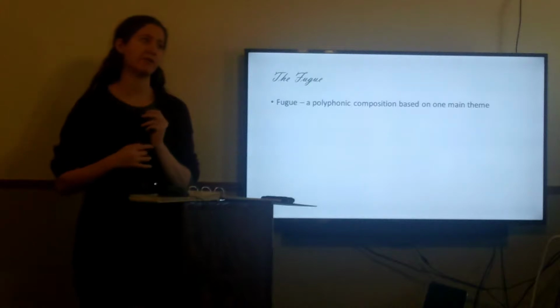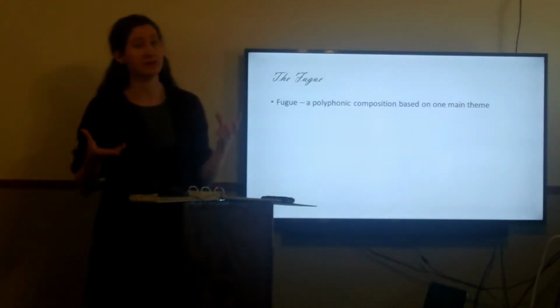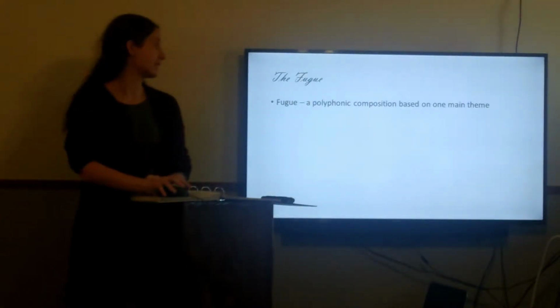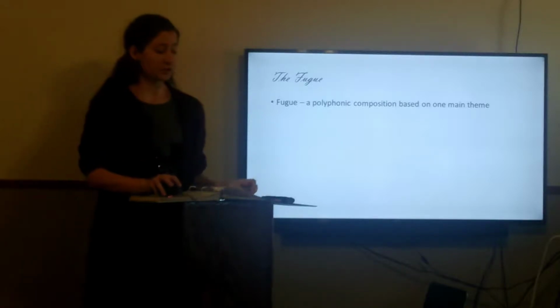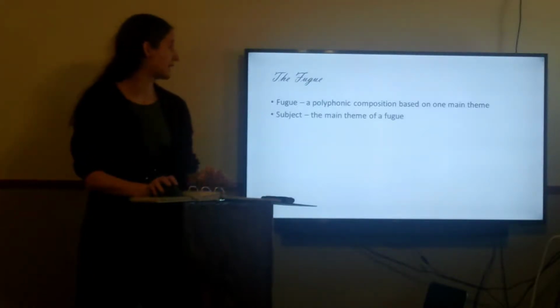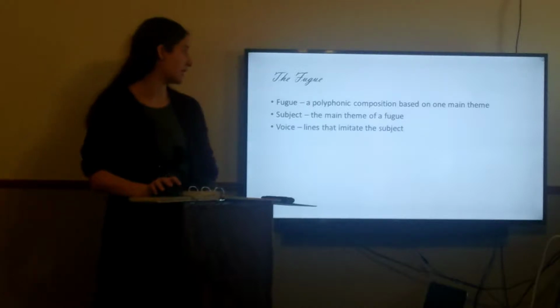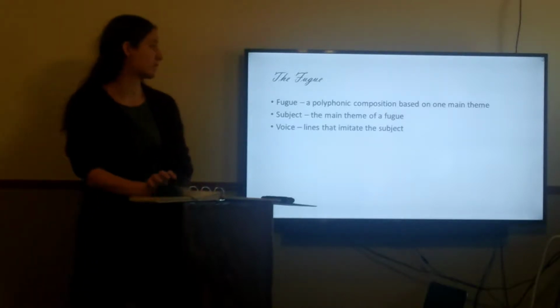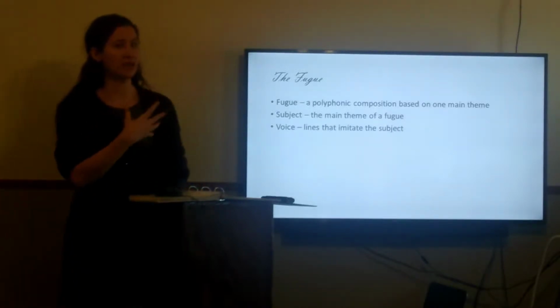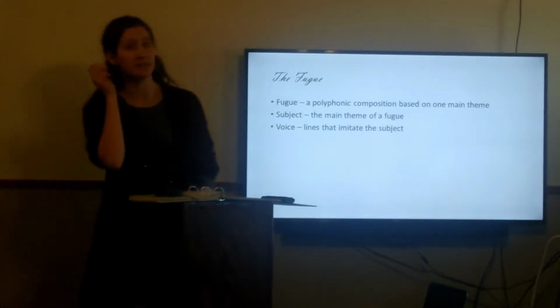The form of a fugue, you can kind of do anything you want with it, but there are some basic rules and some basic things that have to be there. So the first one that we talk about is that we have the subject is the main theme of the fugue, and then the voices are not like voices meaning that you sing it, but the voices are the lines that imitate the subject.